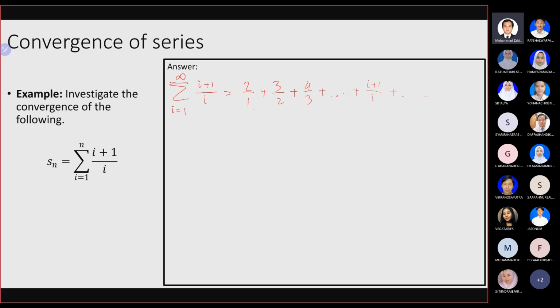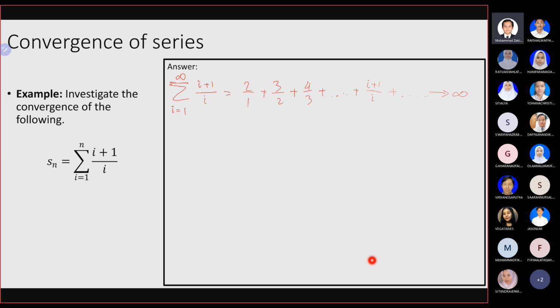So here we see that the terms grow, ya. Kita lihat di sini apa namanya, jumlahnya akan selalu naik, ya. So this is going to infinity. So this is diverge.